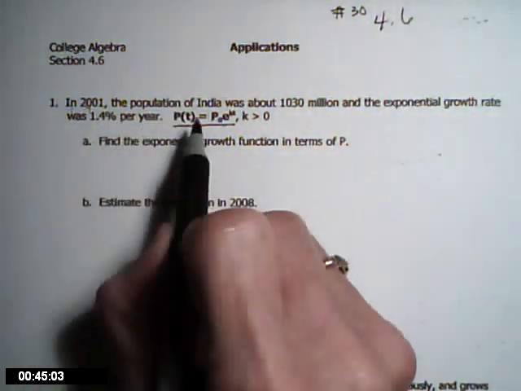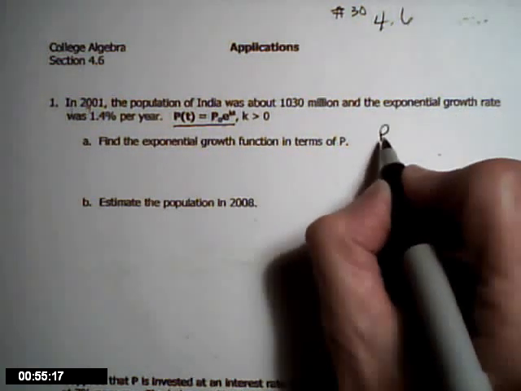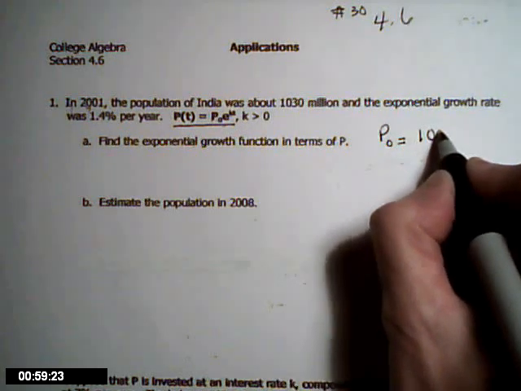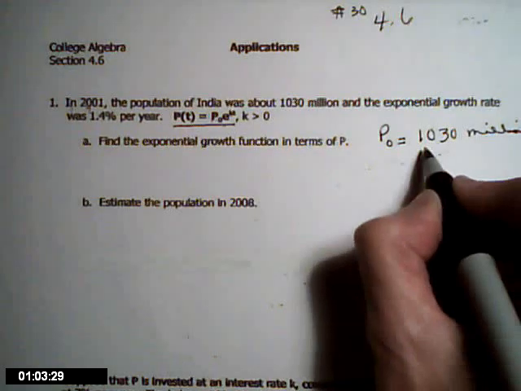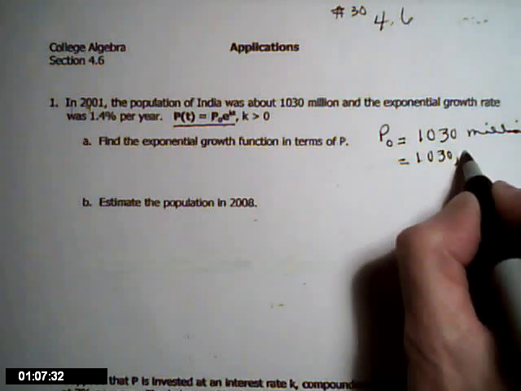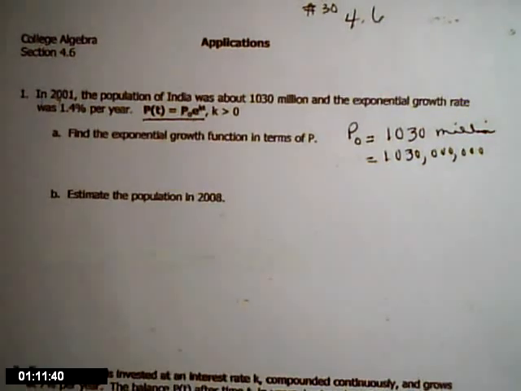In 2001 the population of India was about 1030 million and the exponential growth rate was 1.4% per year. What this means is that when this problem started at time 0 there were 1030 million people. Remember that's actually 1030 with 6 zeros to indicate million people.